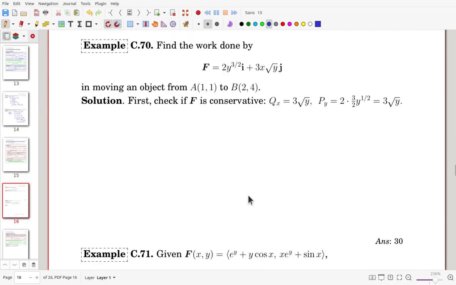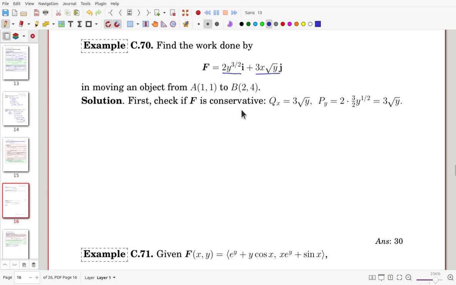Okay, let's try to find the work done by this force in moving an object from one point to another. That is the beginning point, that is the ending point. For this one, this is P, that is Q. So let's check if it is conservative.